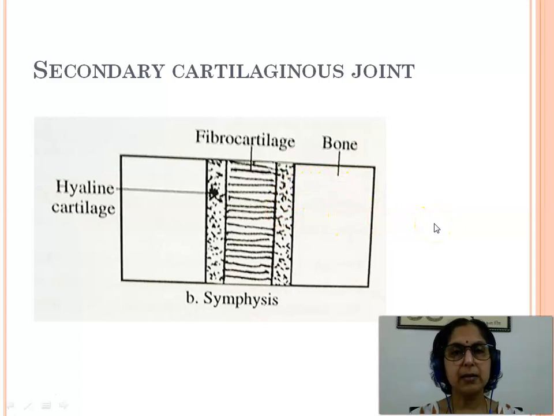That's the arrangement which is seen in the symphysis or in the secondary cartilaginous joints. This arrangement persists throughout life. It has limited movement. So this is the secondary cartilaginous joint. Thus we have studied the two types of cartilaginous joints, primary and secondary cartilaginous joints.